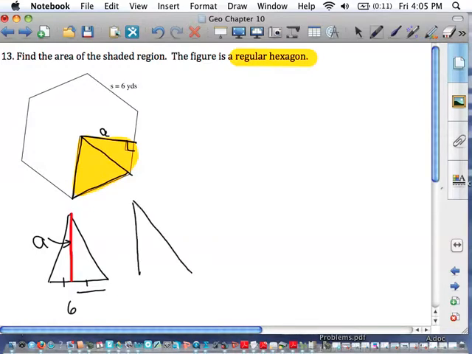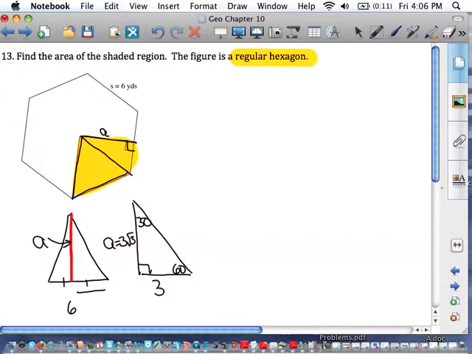So here's my 30, 60, 90 triangle. There's a 3. The apothem is equal to 3 square root of 3. So now, what do I have to think about what I have actually? I have one complete equilateral triangle and then half of a triangle.